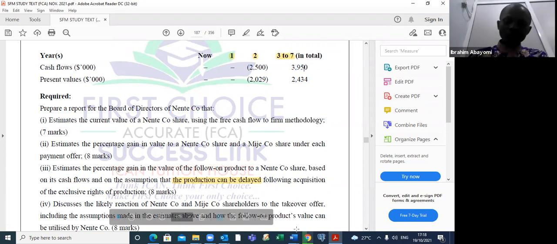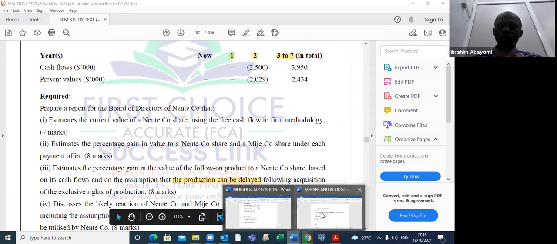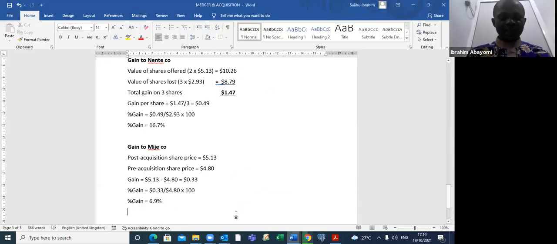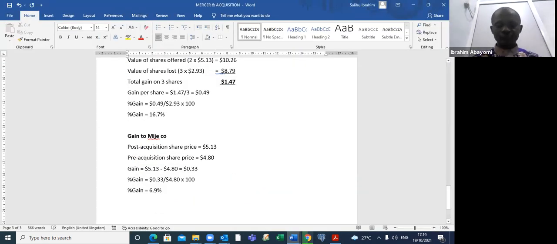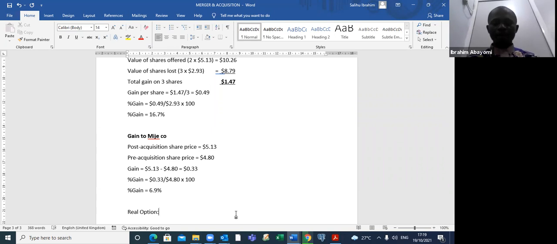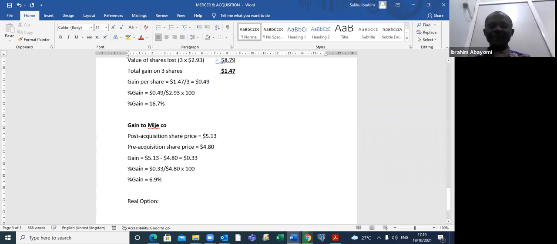Now, there is what we call real option. Real option is valued using Black-Scholes option pricing theory that we have discussed earlier. And then we have the following options under real option.